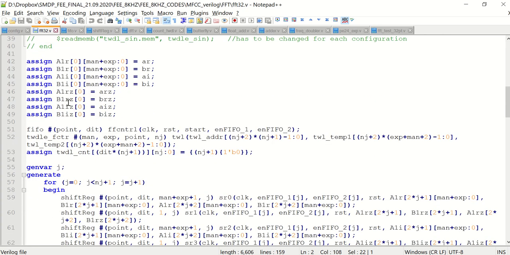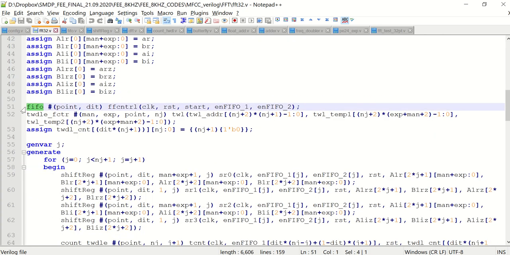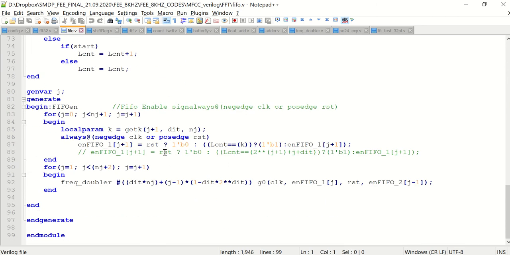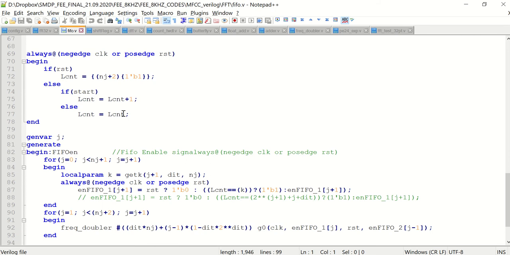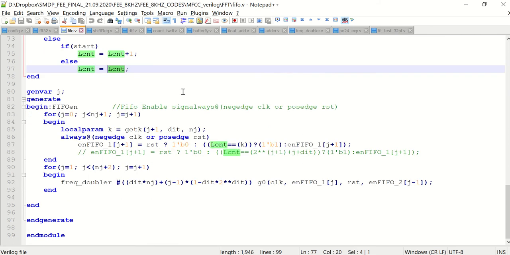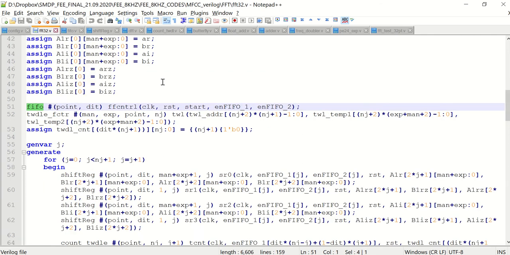Coming to the actual implementation, initially we have the first in first out module, the FIFO, which is to control the complete FFT. That is, what input samples are to be taken, and when it is to be enabled and when it is to be disabled. So the FIFO module is actually based on a count of your FFT as well.